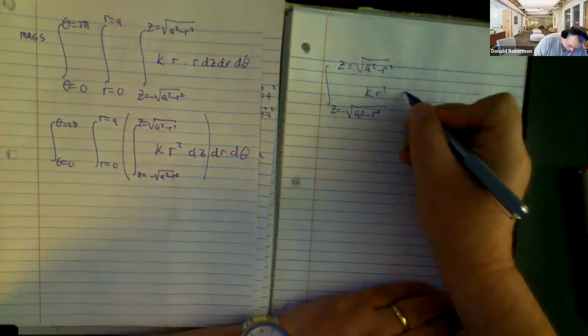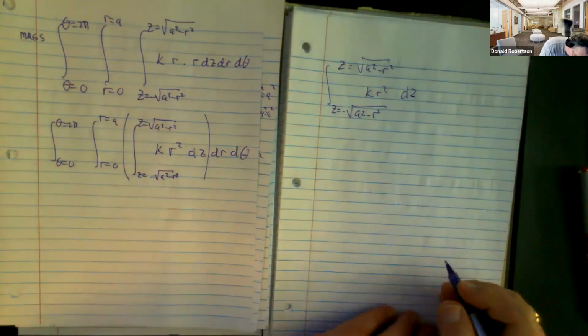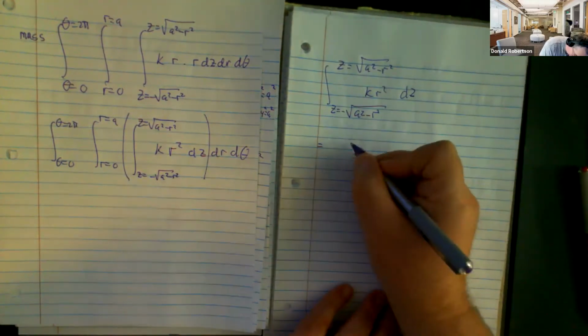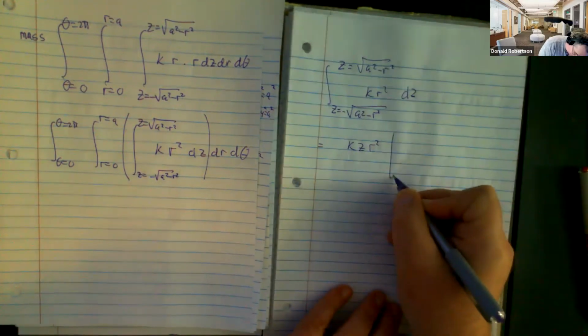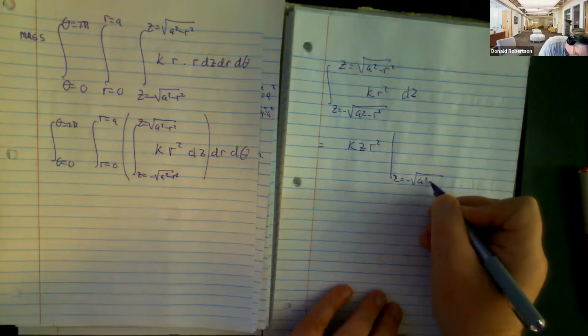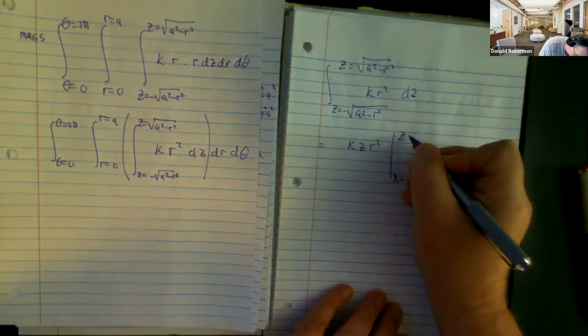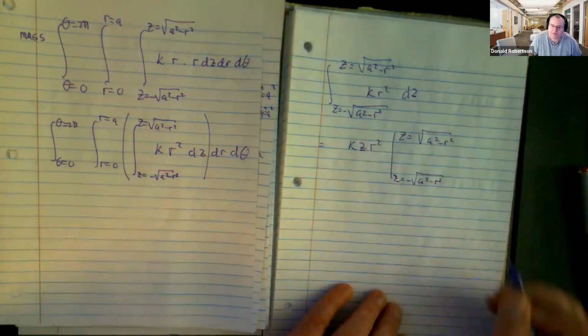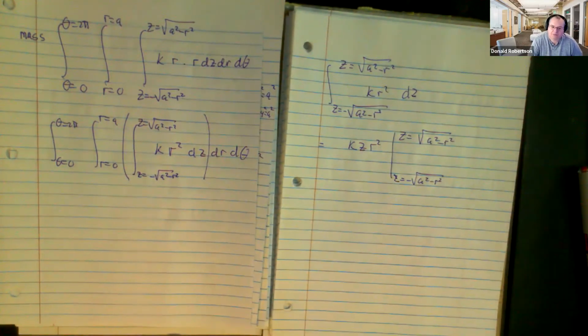That's the guy we're focusing on, right? If you integrate this guy, don't you basically just introduce a z? Are we good?